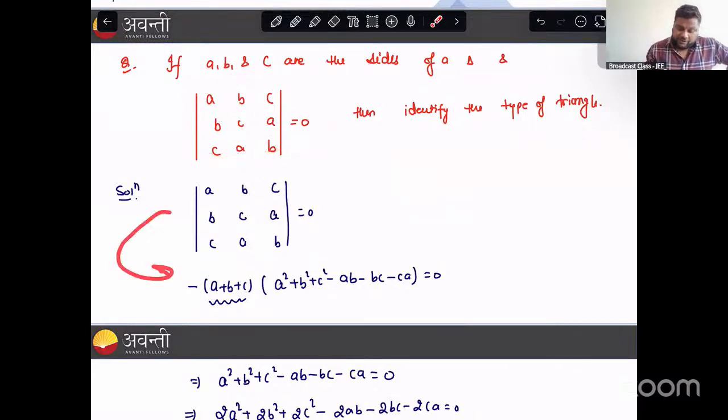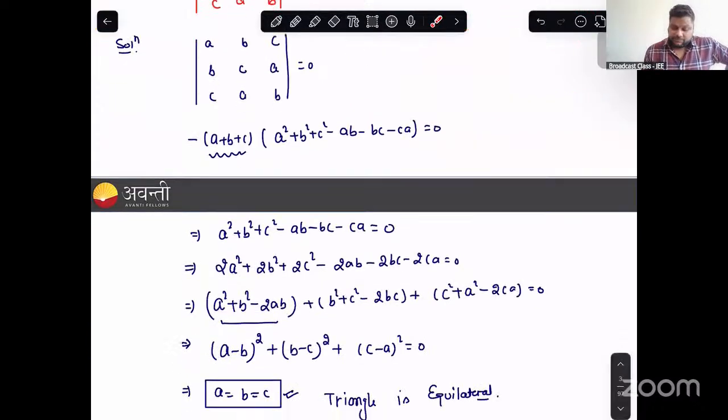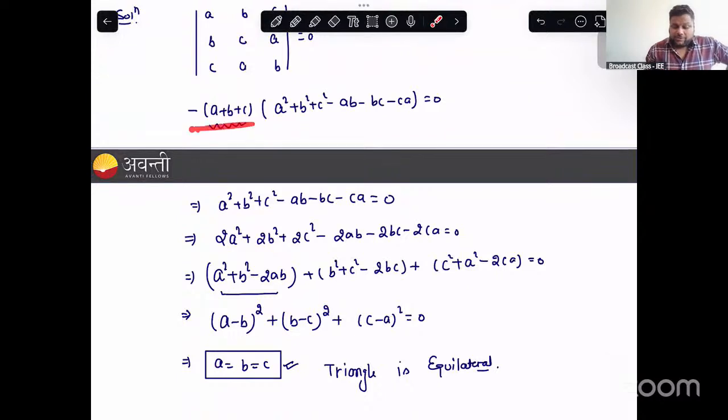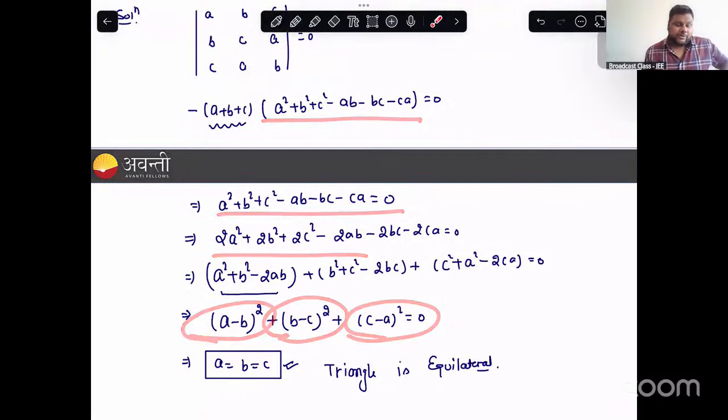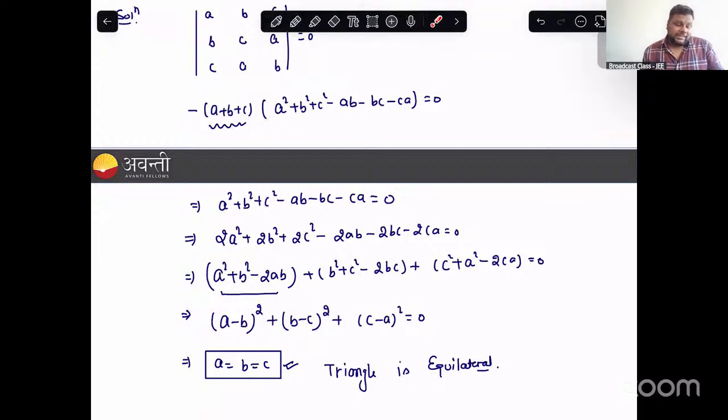First of all, you need to remember this value or else you have to solve it in the exam. Then this cannot be 0 as a plus b plus c is not 0. That means this value is 0. This value 0 means a minus b whole square plus b minus c whole square plus c minus a whole square is 0. And that means a equals b equals c. So the triangle is equilateral.